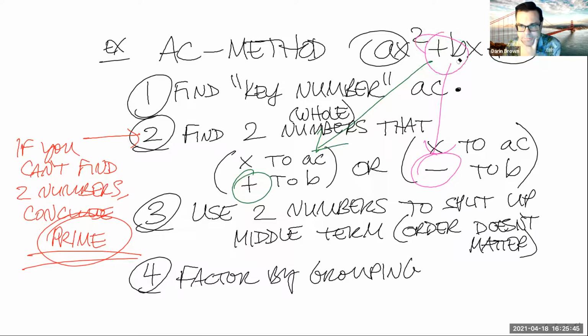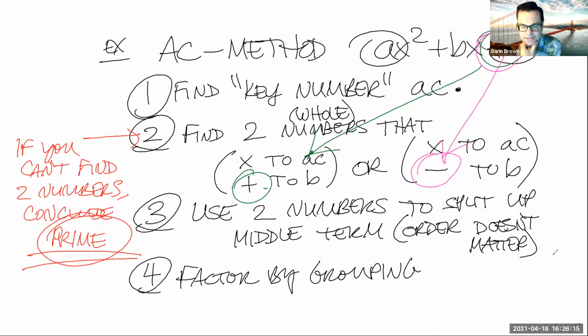Okay. When you're deciding whether it's a sum or difference, it's the final plus or minus. I was circling the wrong one. It is this one. So if this last sign is positive, you're looking for 2 numbers that add. If it's negative, you're looking for 2 numbers that subtract.